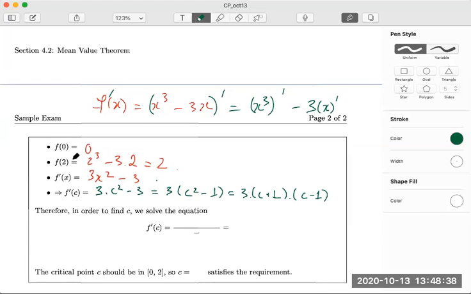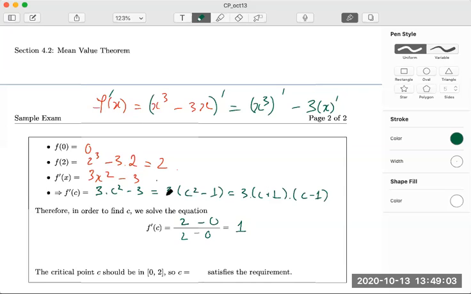We have f at 2, we have f at 0. So we can substitute here, right? Therefore, it is 2 minus 0 divided by 2 minus 0. It means that f prime at C should equal to 1. And we found f prime.